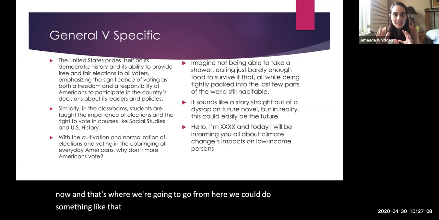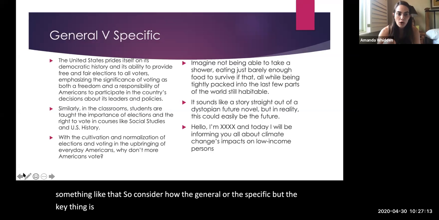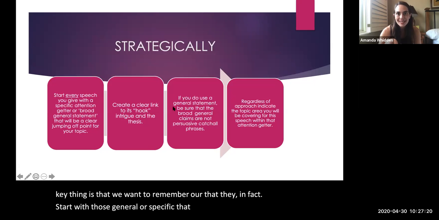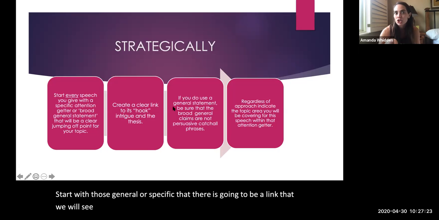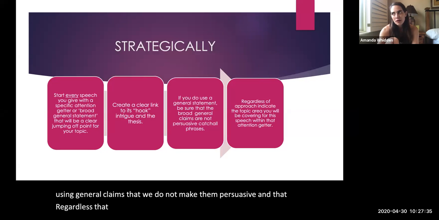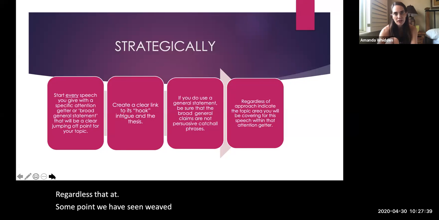So consider the general or the specific, but the key things to remember are that you start with those, that there is a link, that we see the connection and relation to the topic, that if we are using general claims, we do not make them persuasive, and that regardless, at some point we have seen woven in how your specific area of focus is going to come about.